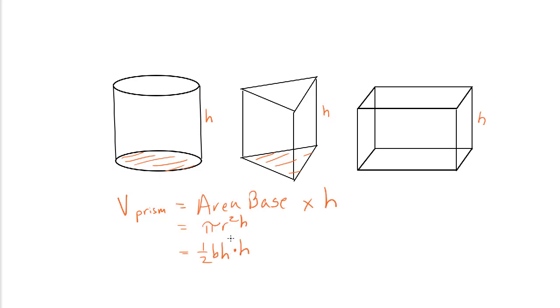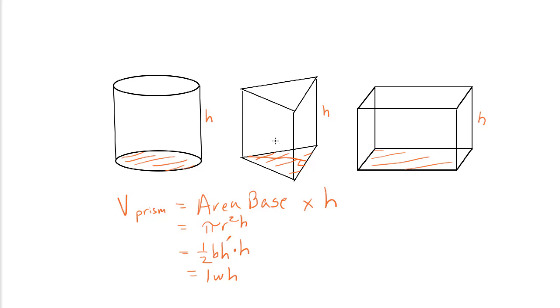Not to confuse this height, let's call this height the height of the triangle. That is the altitude. Not to confuse that with the height or depth of the prism itself. In a rectangle, the area of the base is length times width. Length times width times my height. We don't need to remember all three formulas, or for any other shapes, the different formulas. It's simply the area of the base times the height.